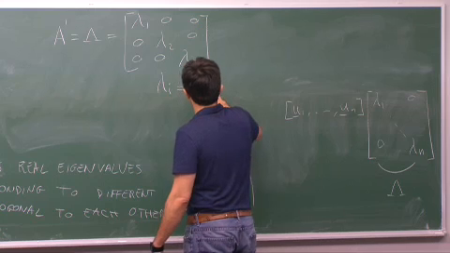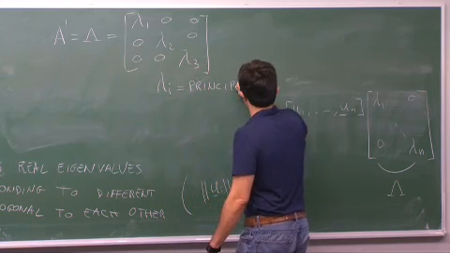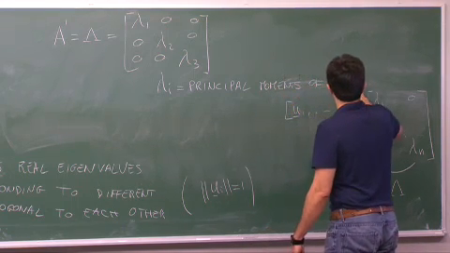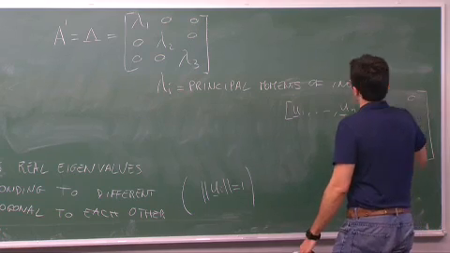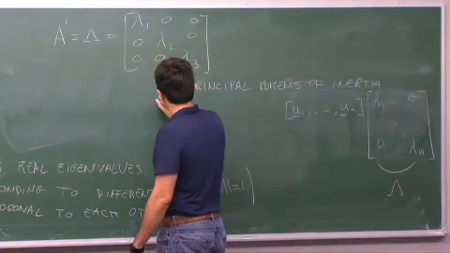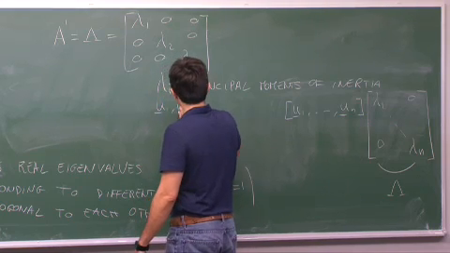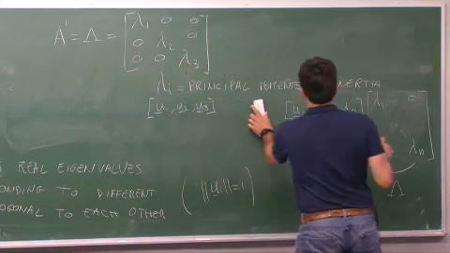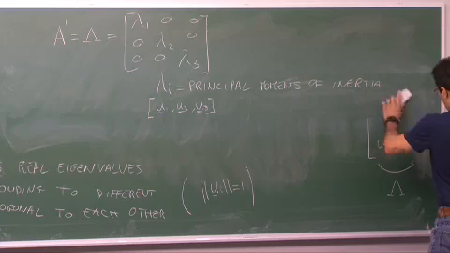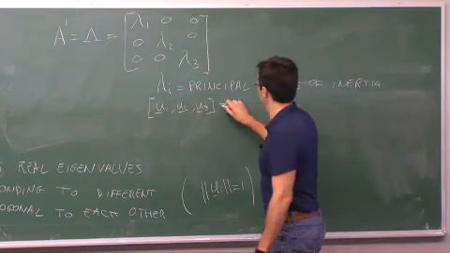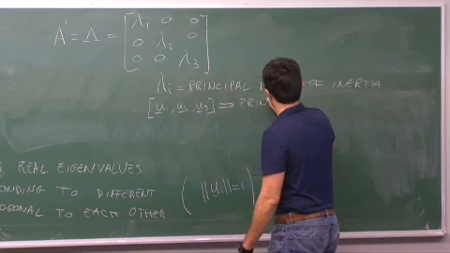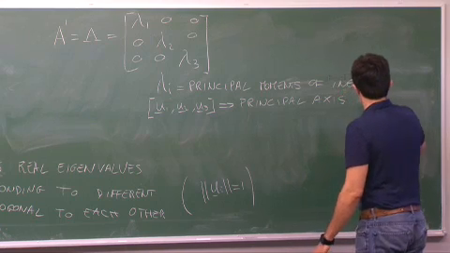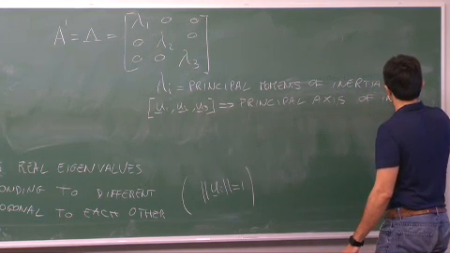These are the principal moments of inertia. As you can see, the products of inertia have gone. And the U1, U2, U3, you're going to have 3 of these, right? These are the principal axes of inertia.